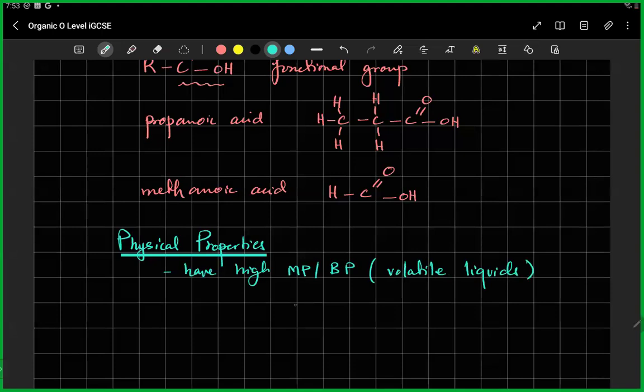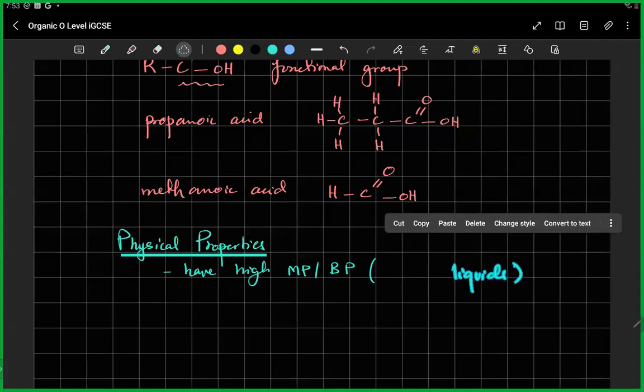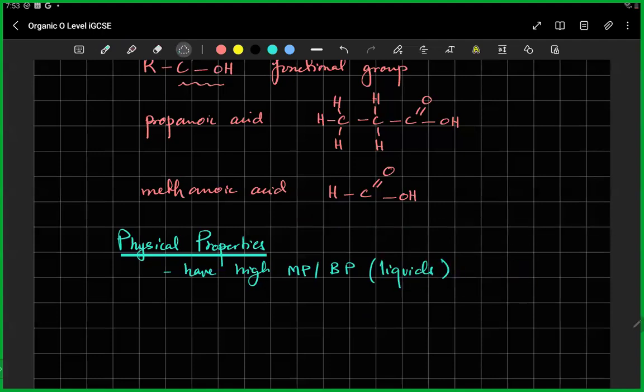Alcohols are very volatile, ये इतने volatile नहीं होते. Most of them are liquids, they're not gases. Since they have high melting and boiling points, एक एग्जांपल विनेगर है, that's ethanoic acid.